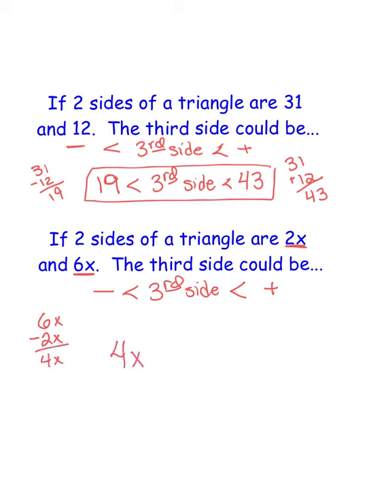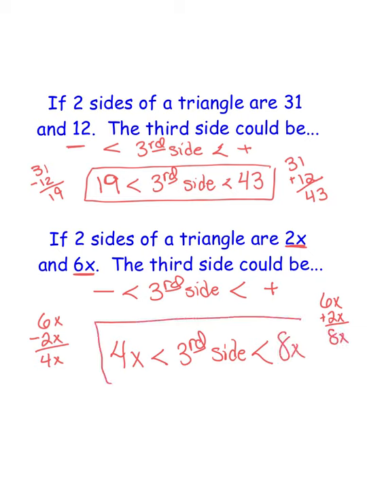So the third side has to be bigger than 4x. And then on the right side here, it says the sum. So if I add 6x plus 2x, I get 8x. So the third side is going to be anything bigger than 4x and less than 8x.